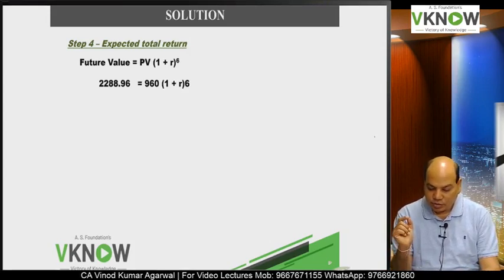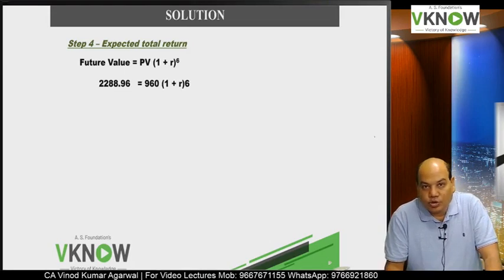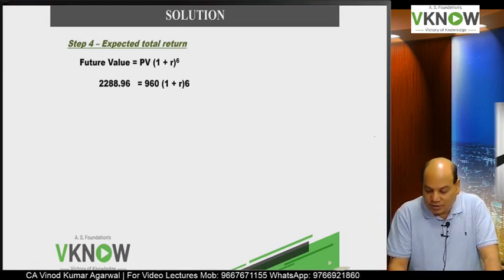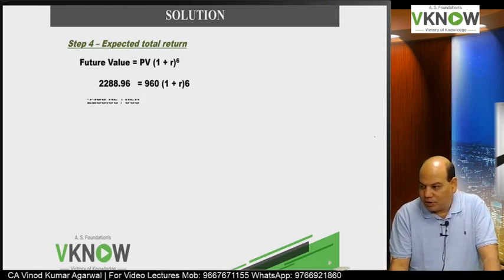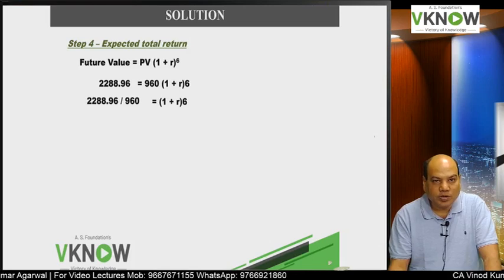2288.96 is equal to 960, which we have invested today, into 1 plus r to the power 6. So simplified, 2288.96 divided by 960 is equal to 1 plus r to the power 6.